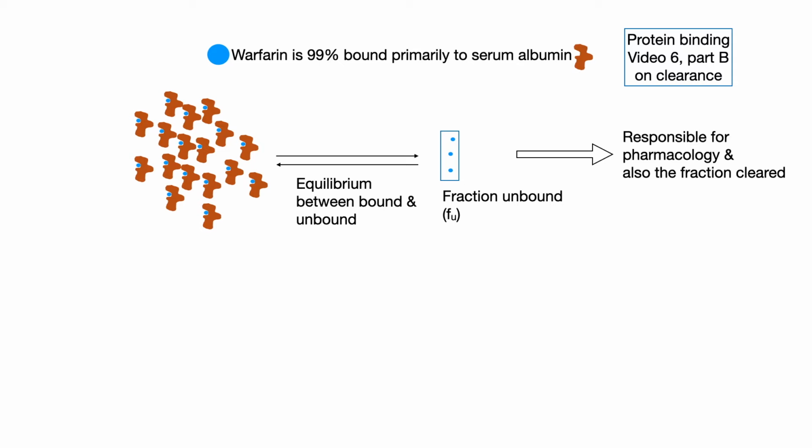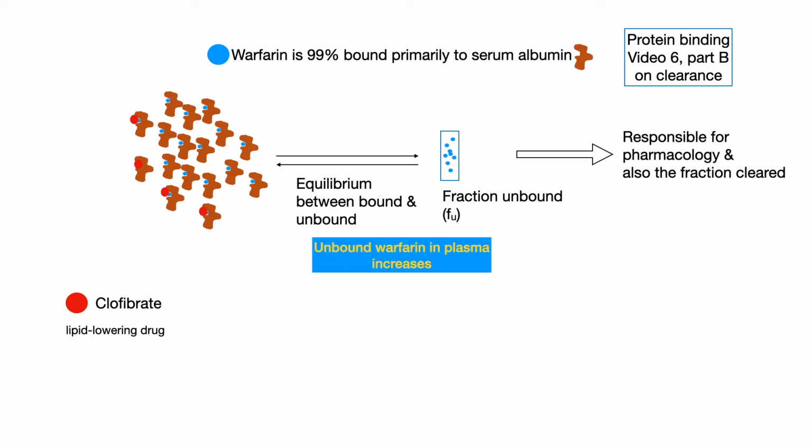Now let's consider a slightly different situation where another drug is taken along with the warfarin. And the other drug in this case is clofibrate, which is a lipid-lowering drug. What happens here is that clofibrate binds onto the protein and displaces some of the warfarin. So now the unbound fraction of warfarin has increased.